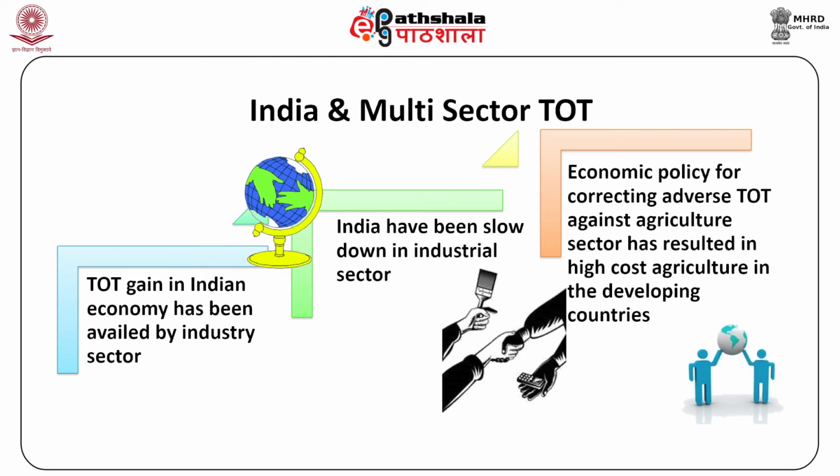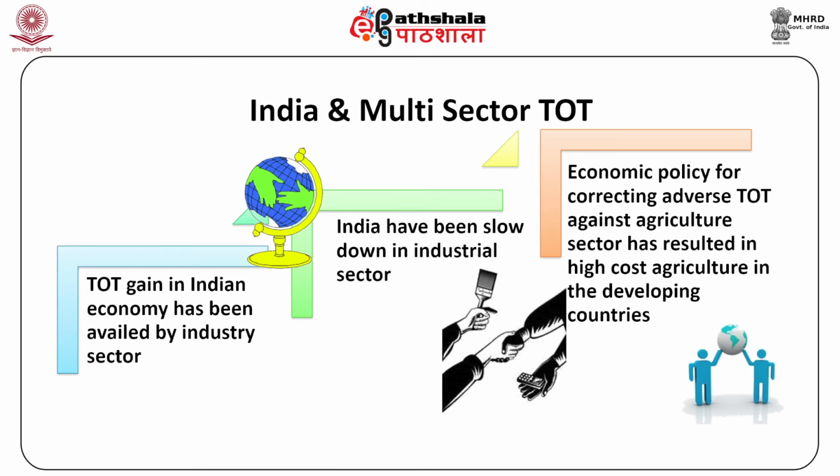It should be noted that when agricultural terms of trade improve, the adversely affected are poor people, both in rural and urban areas, as with the rise in the prices of agricultural produce, they have to spend more money on food, adversely affecting their economic conditions. Now coming to India and multi-sector terms of trade.